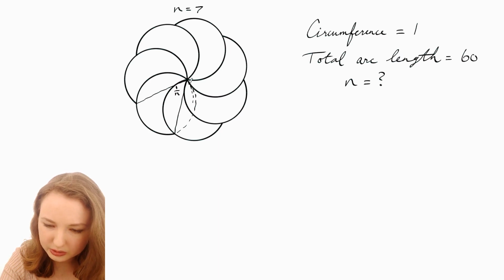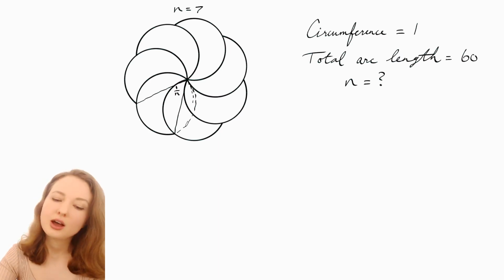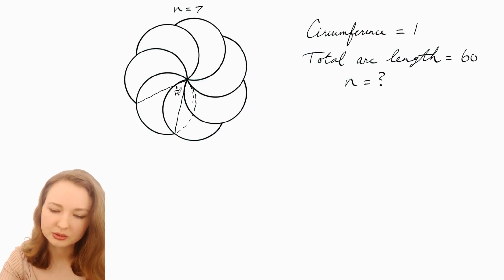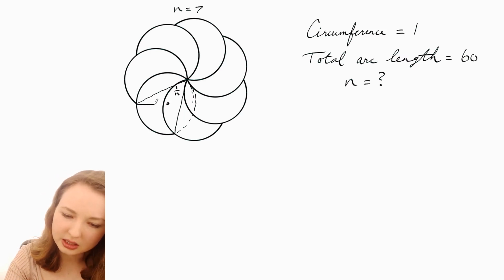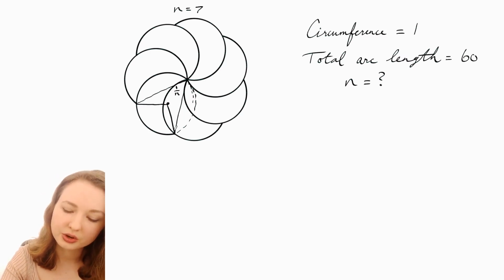There we go. What I really mean is an nth of 360, but I'm just going to write it as 1 over n. Now you might know that the angle at the center of a circle is twice the angle at the circumference. So that means that has to be 2 over n.